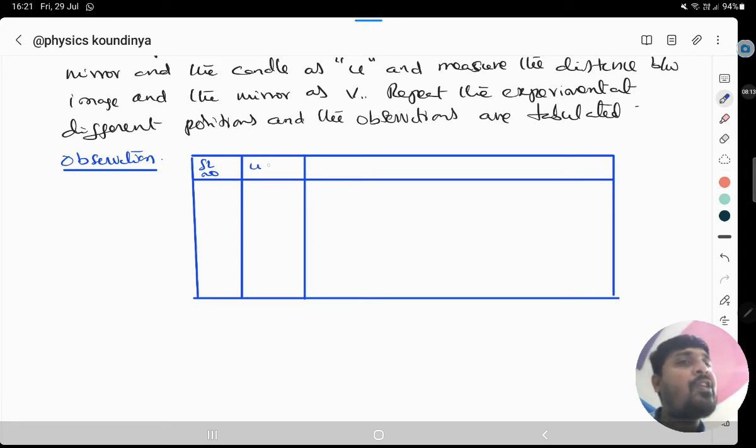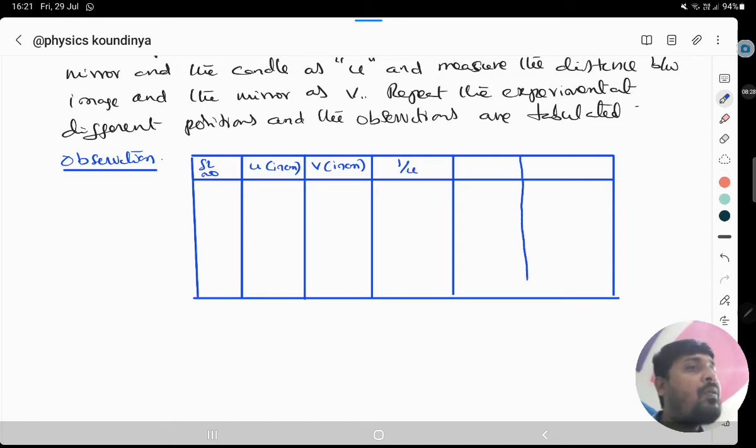This is for u. This value will be in centimeters. This is for v. This is also in centimeters. Here we are going to write 1 over u. Here we are going to write 1 over v. In the last we are going for 1 over u plus 1 over v.